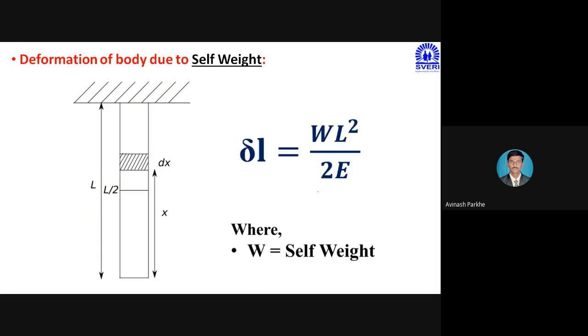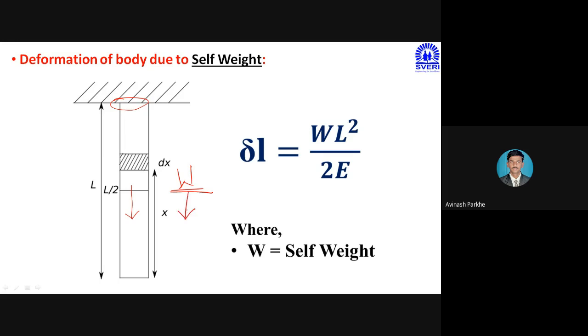Then the second case we have discussed is the deformation of the body due to self weight. In this case, the body is in a hanging position, so it is fixed at the top side, and at the bottom side it is totally free. Due to that hanging position, the weight of that body acts in the downward direction. So the self weight of the body will be considered as capital W. This W represents the self weight of the body, which is always acting in the downward direction.